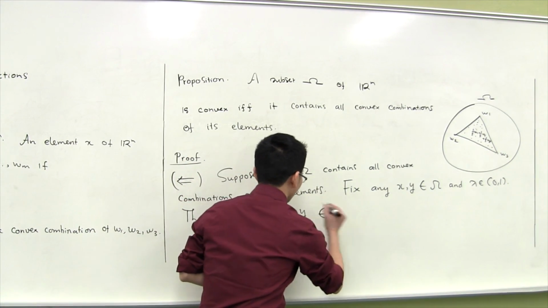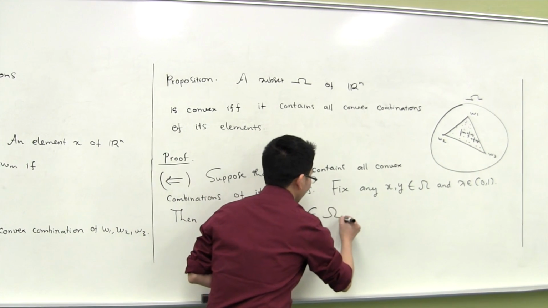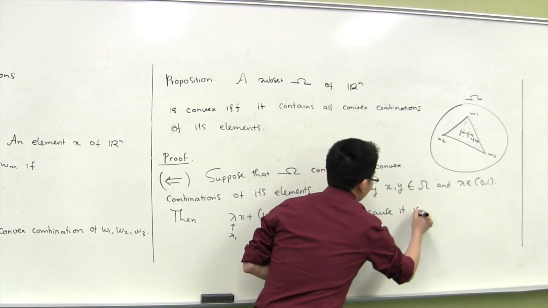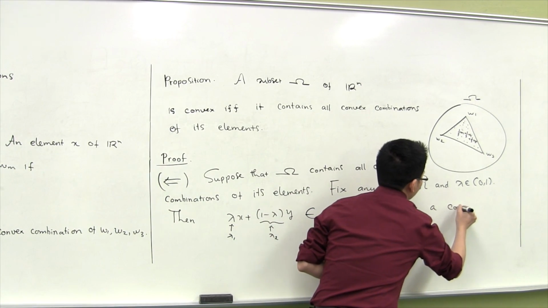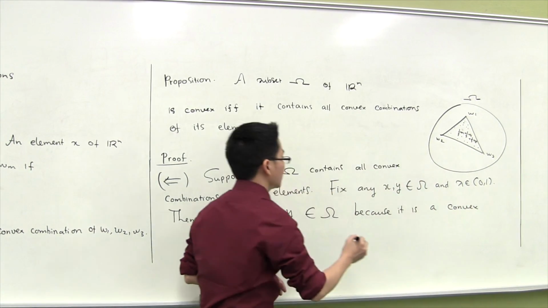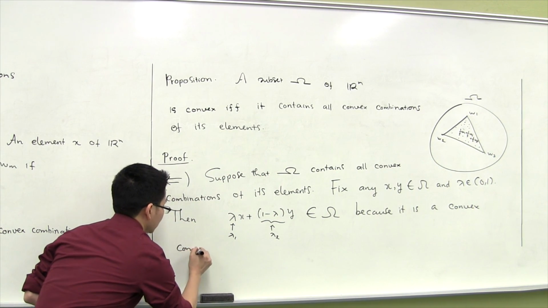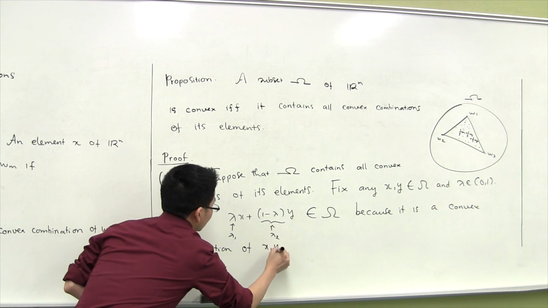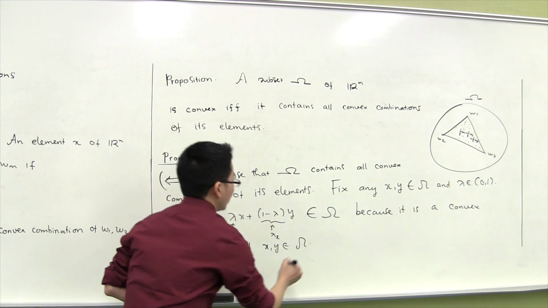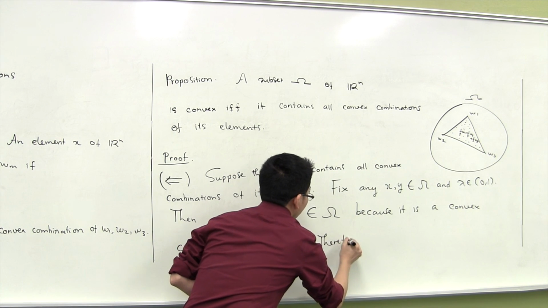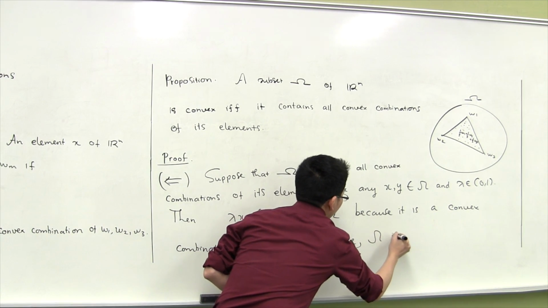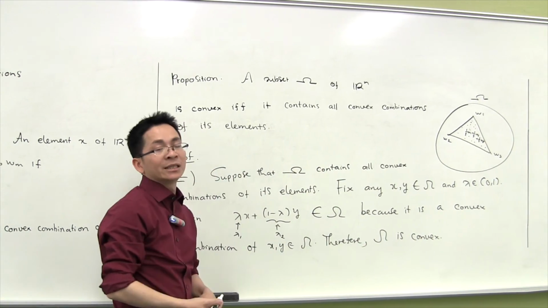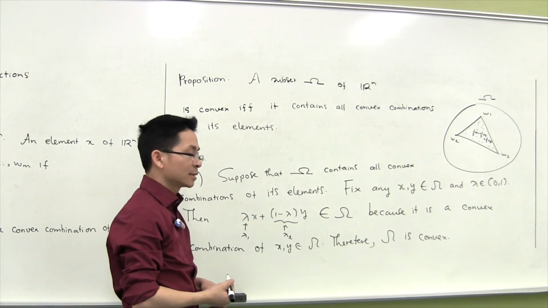So this element belongs to omega because it is a convex combination of x and y in omega. Therefore, omega is convex. So this implication is very obvious.